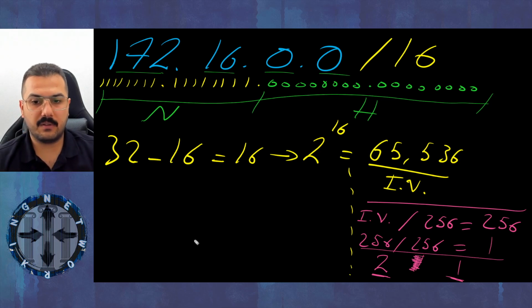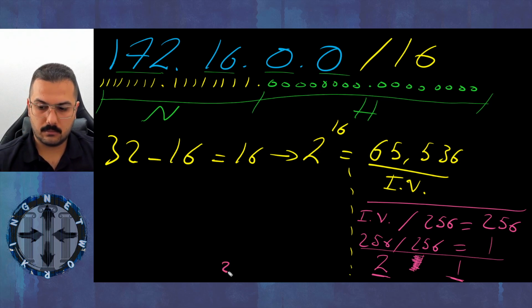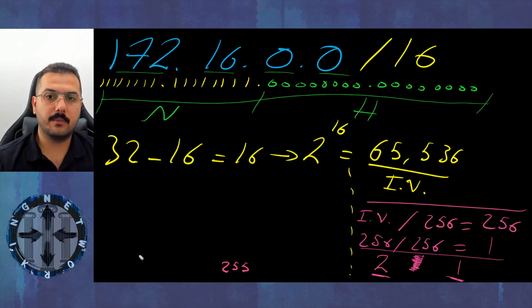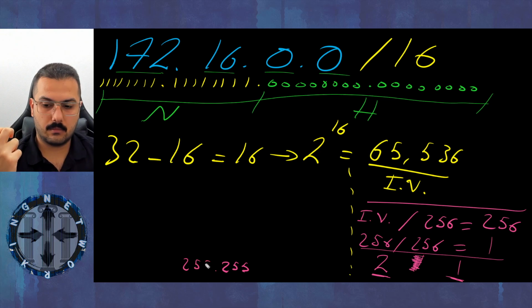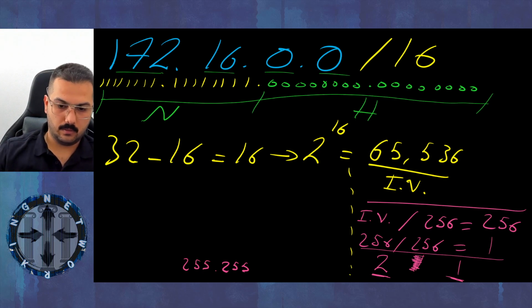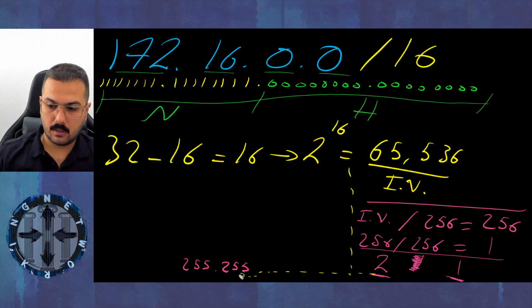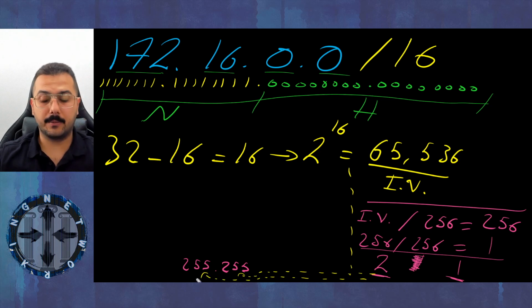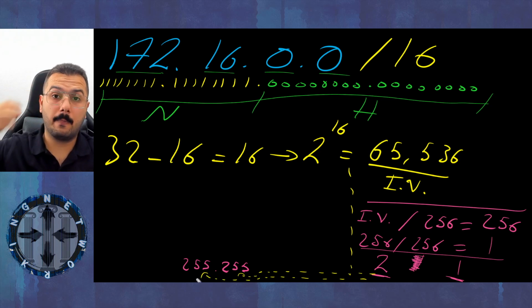By representing 255. How many times? Twice. Done. So once here, twice there. Okay, this is number 1.